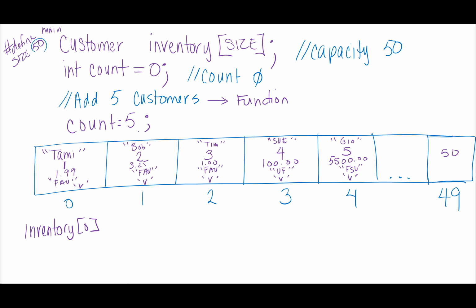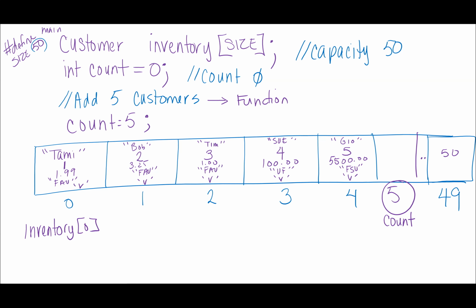This count is very important. This is index 5, and this is going to be count. So count is going to be the number of the first empty slot in our array, and it's very important to recognize that. The other thing we want to realize is we have to use the dot operator.